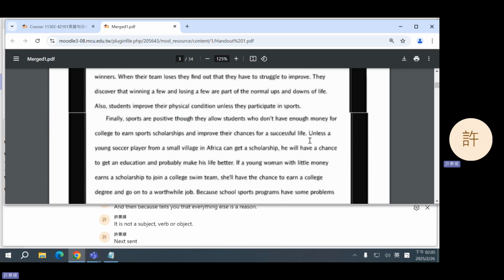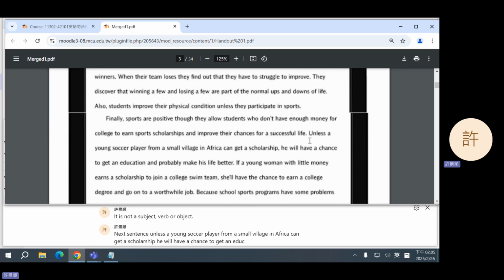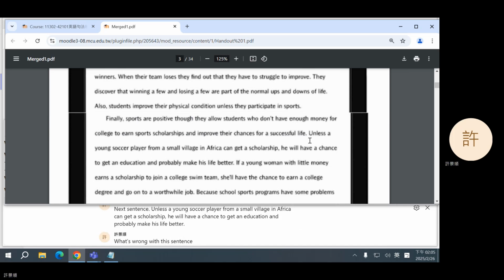Next sentence. Unless a young soccer player from a small village in Africa can get a scholarship, he will have a chance to get an education and probably make his life better. What's wrong with this sentence? Warranty. This is also a logic problem.